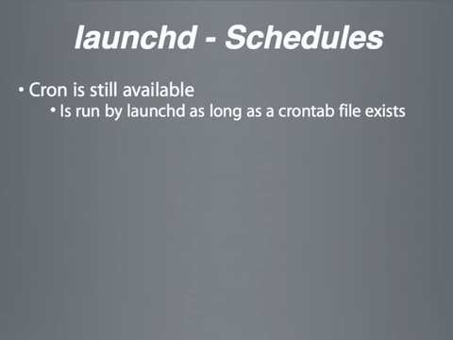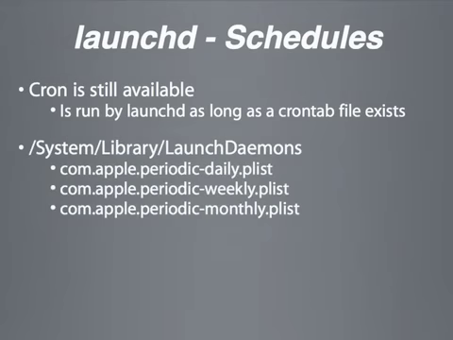As soon as launchd finds a cron tab file, this being the configuration file for cron, it will launch the cron daemon. All your existing cron schedules should then work as they did in previous versions of macOS 10. For new schedules, it is advisable to use the scheduling features of launchd.